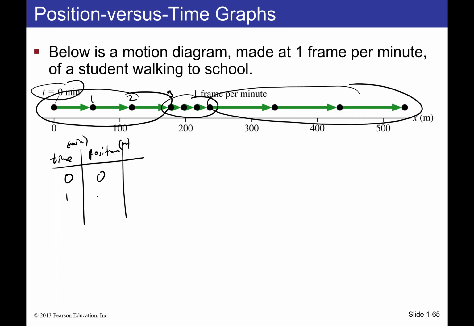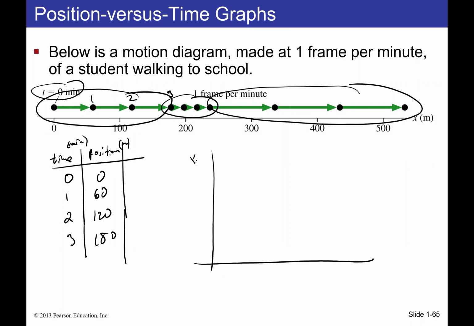When this is 1 minute, this is roughly 60 meters. At 2 minutes, maybe 120. At 3 minutes, maybe 180. Then we're going to plot this as position versus time in a graph.